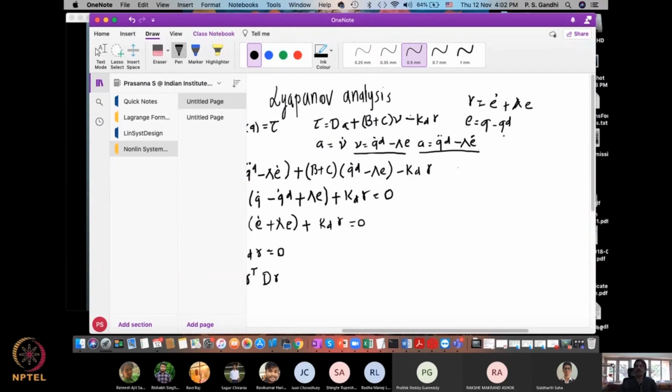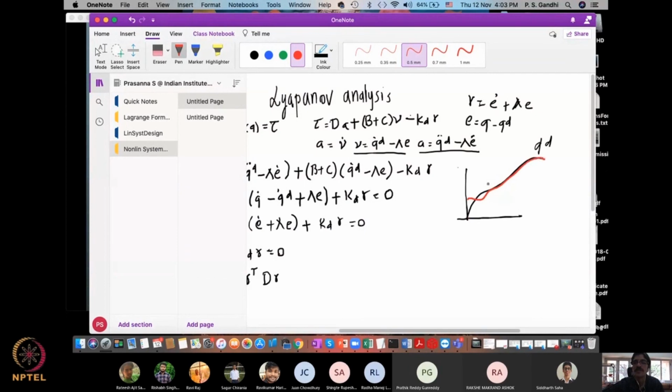What it means is that, if I draw here, if this is my desired trajectory qd, then my actual trajectory originates, say, at the same point or maybe some other point, we don't know where the starting point would be, but it will go and settle down and follow this trajectory exactly.